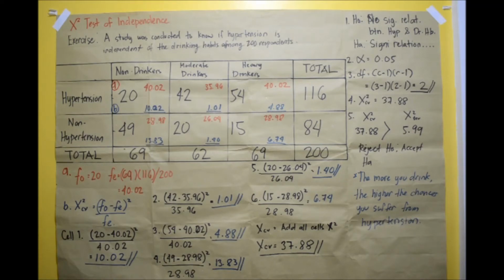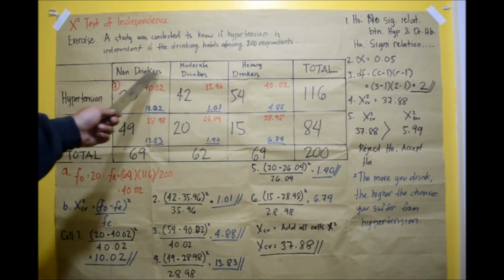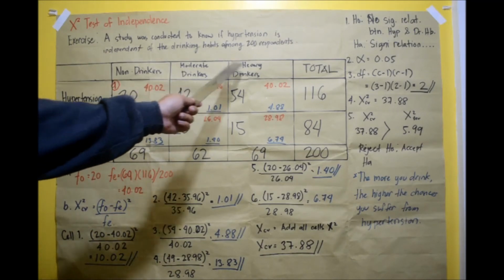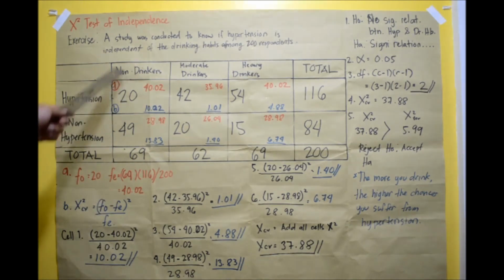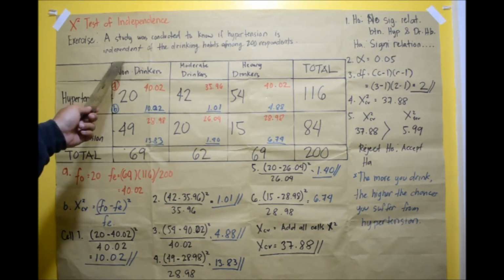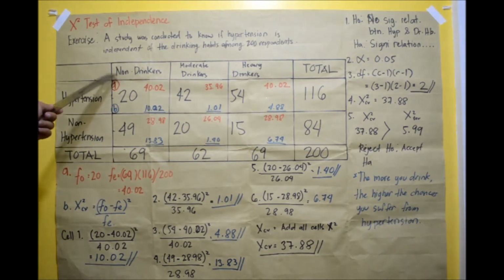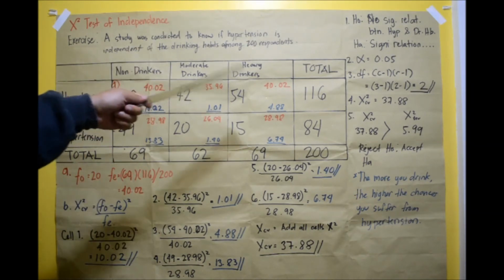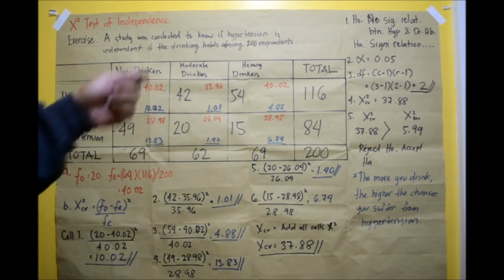Both your IV and DV should be categorical, so nominal or ordinal. Our independent variable is categorized as ordinal: non-drinkers, which can be a range, say 0 to 12 bottles; moderate drinkers, 13 to 100 bottles; then heavy drinkers, 100 bottles and above.